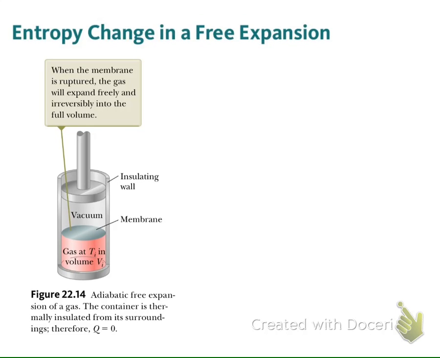Another example is the entropy change in free expansion. Again, if we look at the process, we have a gas here, and there is a membrane that acts as a partition between the gas and the vacuum above.